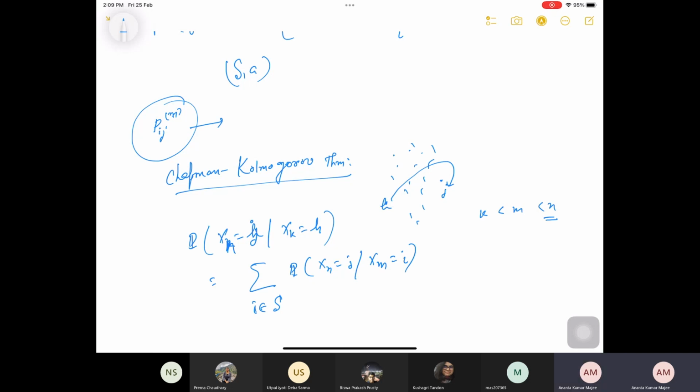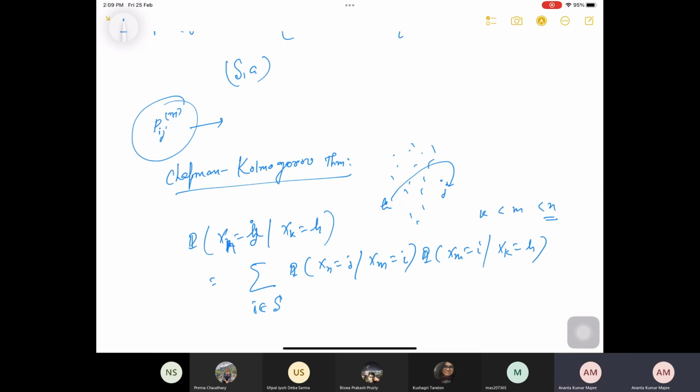That means you visit all these states i at step m, and then the probability of Xm equal to i given Xk equal to h.